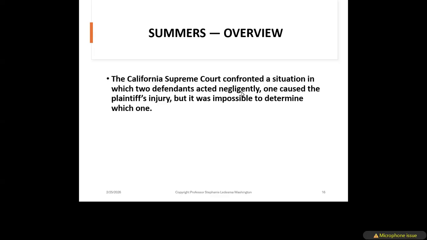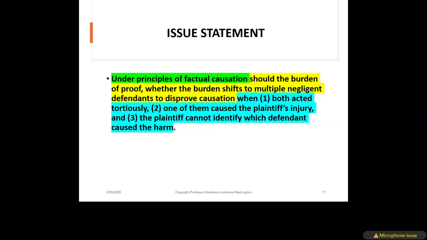Let's take a look at the issue. Three-point issue. Under the principles of factual causation, should the burden of proof shift to the negligent defendants to disprove causation? Should the burden shift to the multiple negligent defendants to disprove causation?